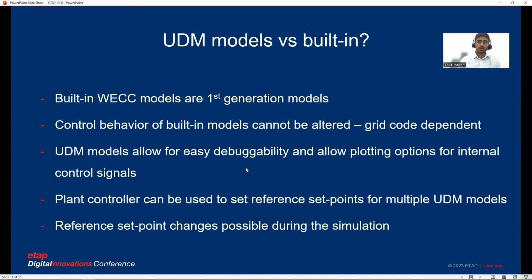The UDM models also allow for easy debuggability because it's easy to plot the internal control signals and see what's really happening. The UDM models can also be linked to the plant controller model. With the UDM models, it's also possible to have reference set point changes during the simulation, which makes it possible to analyze newer cases.